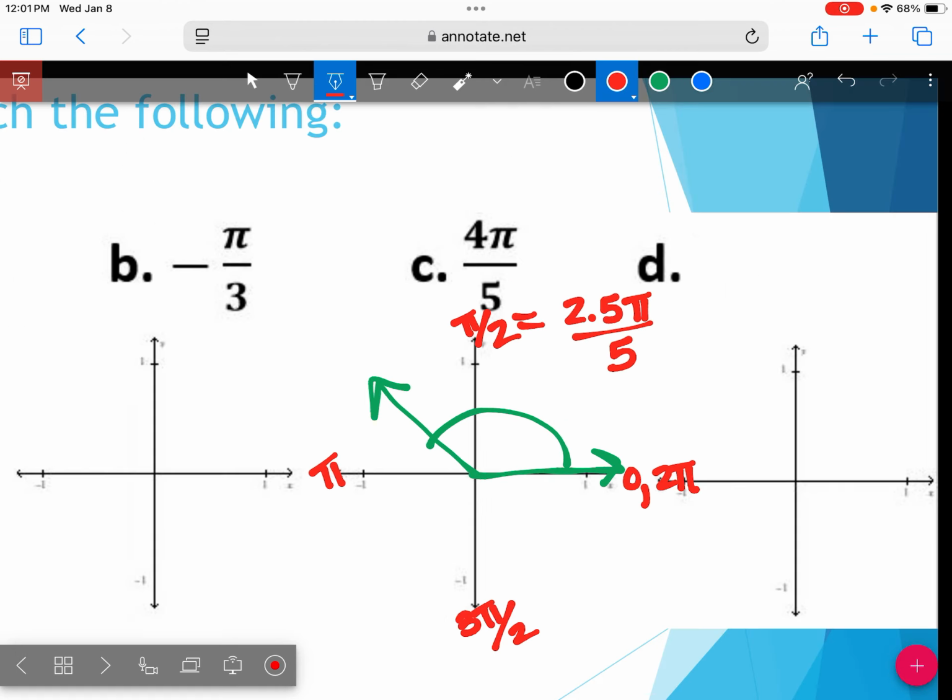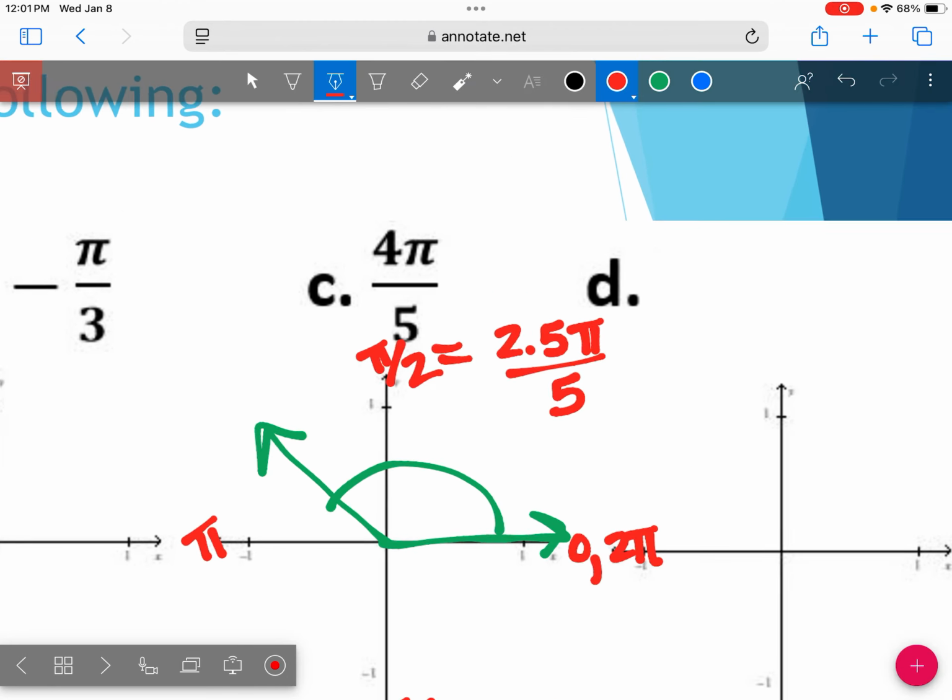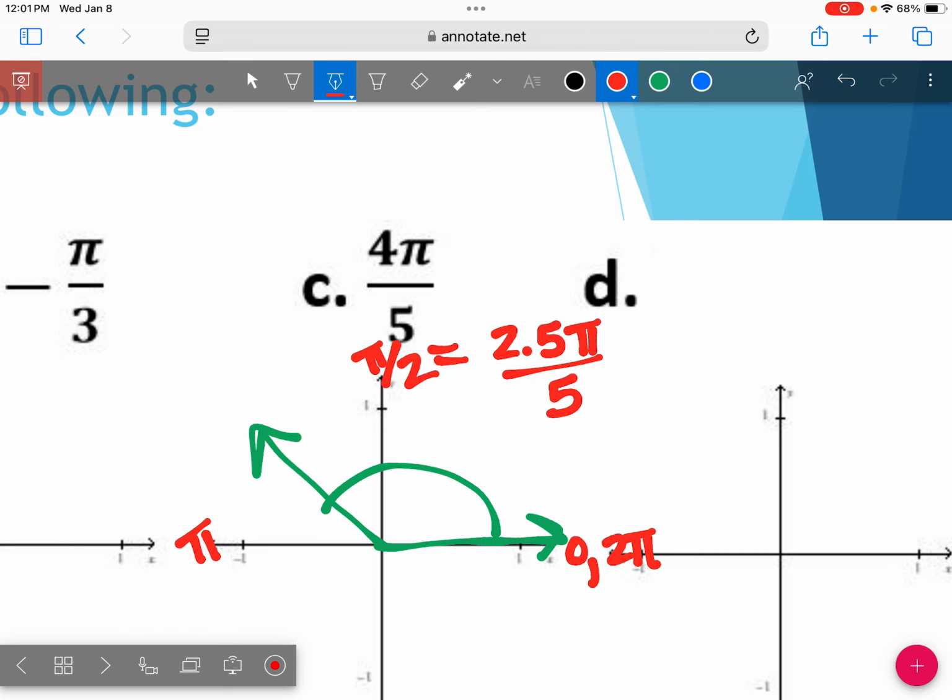All right, last one. Go ahead and copy this one down. We got 11 pi over 6. Go ahead, label your quadrants, figure out where that angle is going to fall.